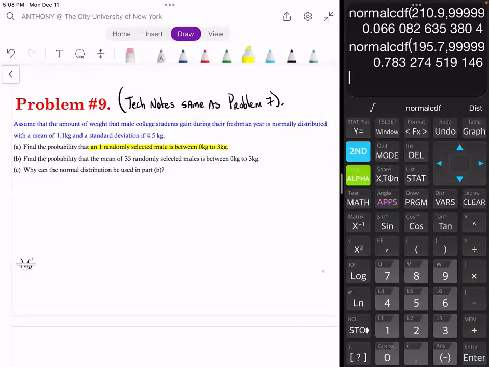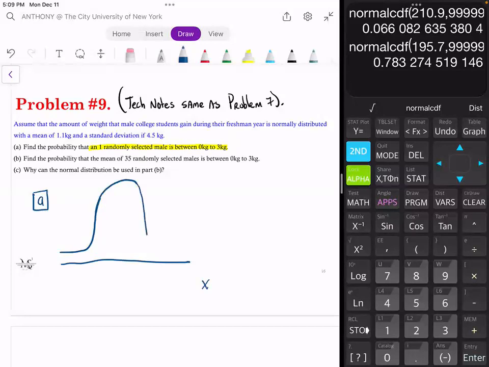The 0 to 3 are important numbers now because there are now 2 values of x that I'm dealing with. X equals 0 is my lower bound. X equals 3 is my upper bound. So for part A, if I want to find the probability of one randomly selected male being between 0 to 3, I first make my normal distribution, labeling in terms of x, drawing this bell-shaped curve.